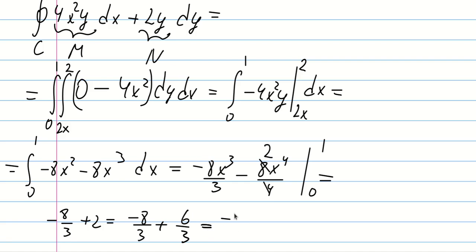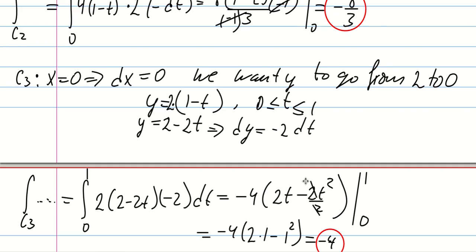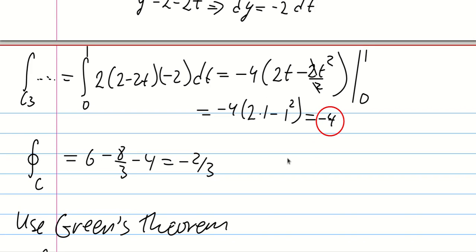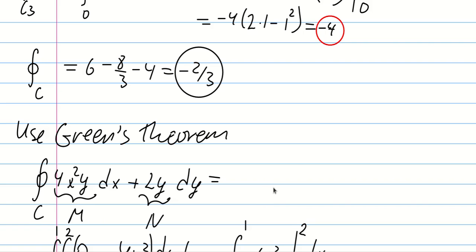So negative 2/3. But if we go back, what we have gotten here, we also have gotten negative 2/3 over here. So you see, this is nice and easy, just takes a few seconds. This one took us a while.